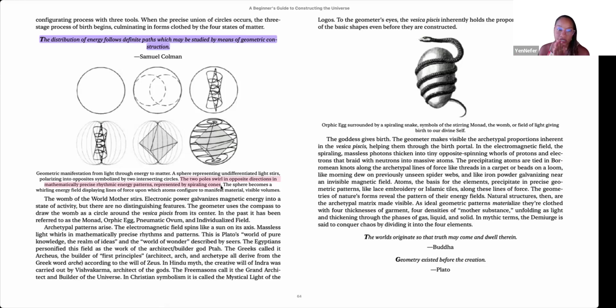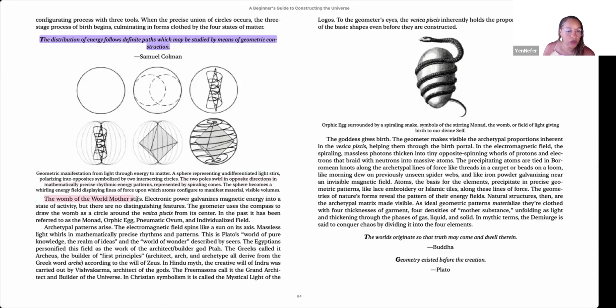We read earlier in the chapter about the square, I believe it said hydrogen in each corner. But whatever that configuration is, when that whirling energy field is moving, it creates a force pulling the atoms into these different configurations. And that is what gives us material visible volumes. Wow.